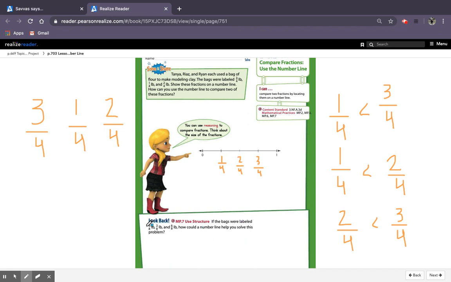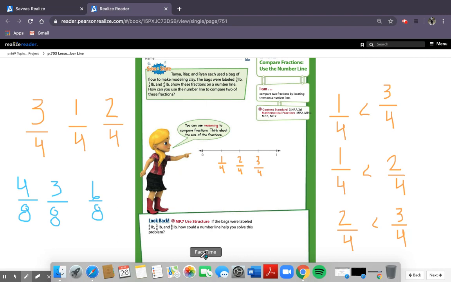The fractions we're comparing here are 4/8, 3/8, and 6/8.